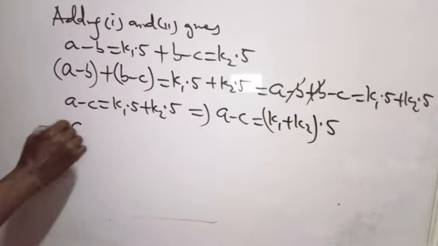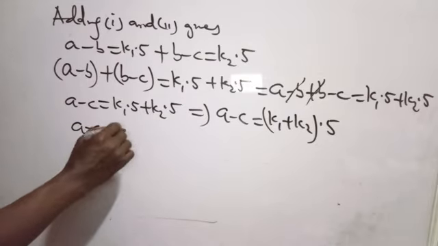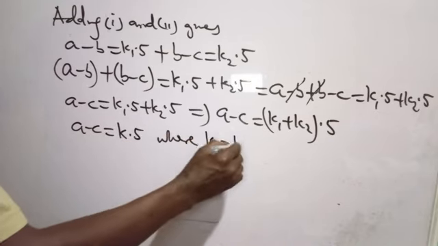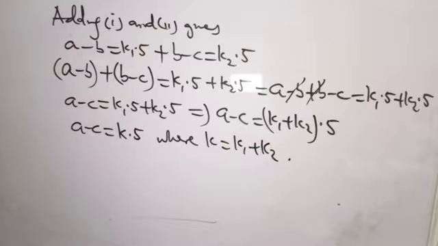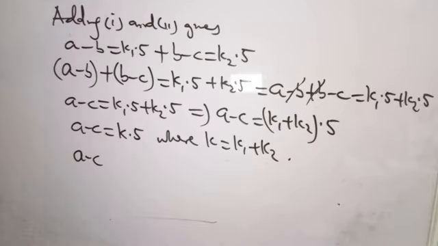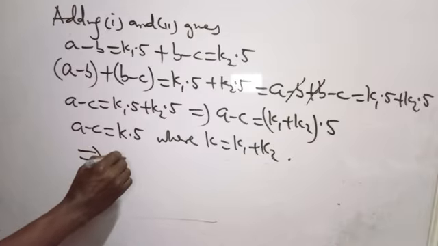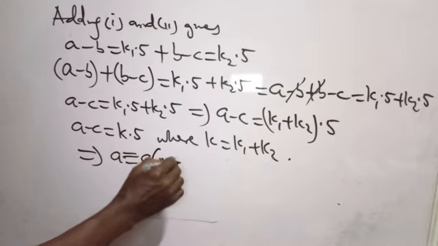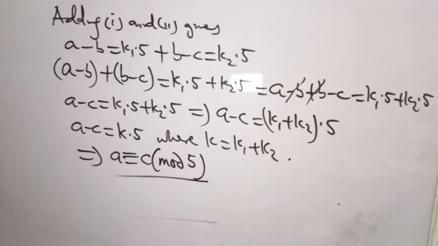So A minus C equals K dot 5, where K equals K1 plus K2. This shows that A congruent C mod 5.